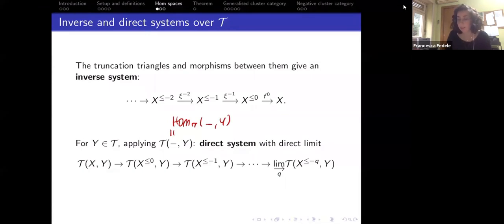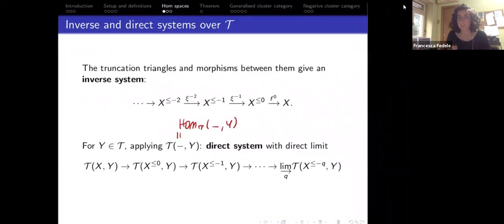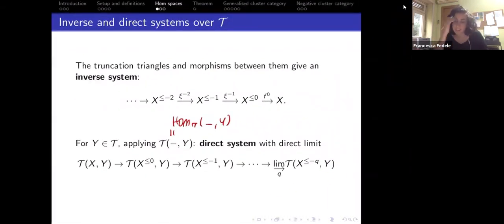And it gives us a direct system that also has a direct limit, because we're now over hom spaces over K, basically. So it flips all the arrows, because we are using a contravariant functor.